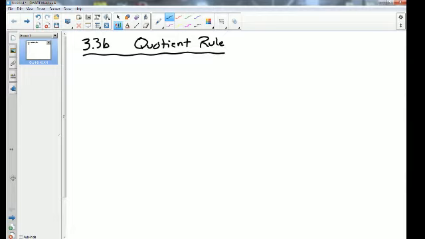So the quotient rule is very similar to the product rule, thankfully. There's just a couple minor differences, right? Is that a quotient? Yeah, it's a division problem, right? Okay. So I'll go straight into the conceptual part here since we were okay at the product rule.